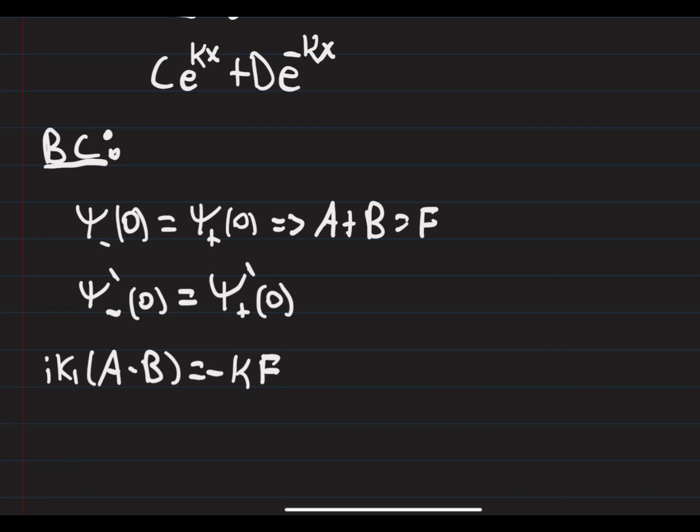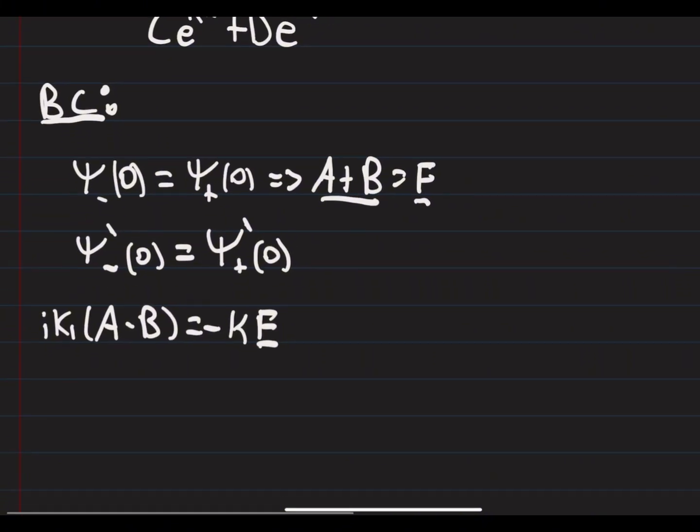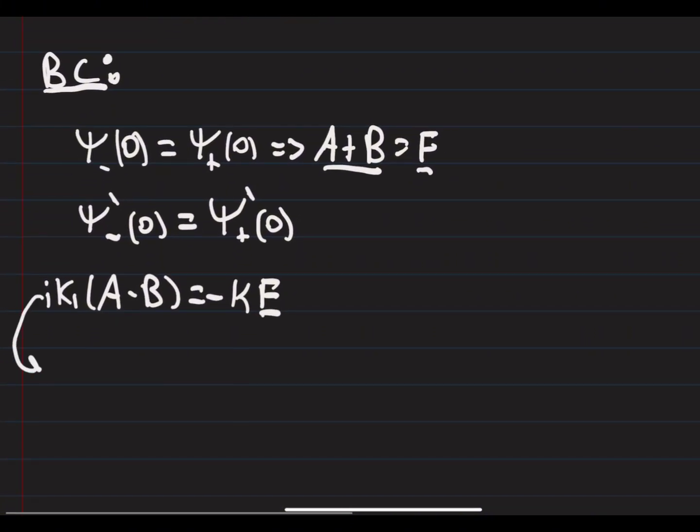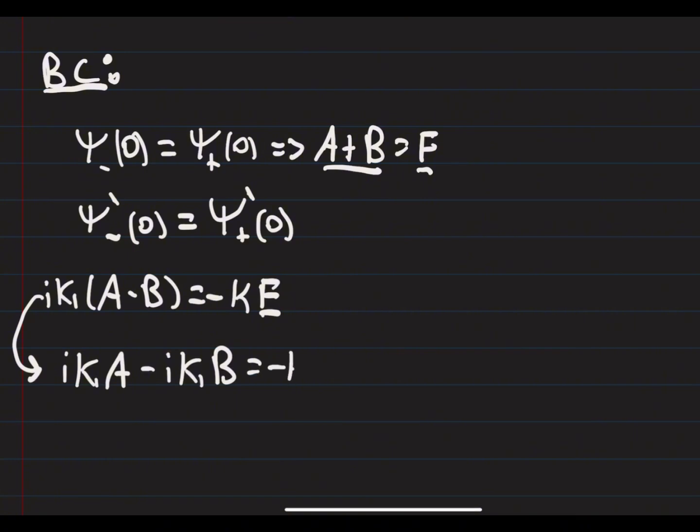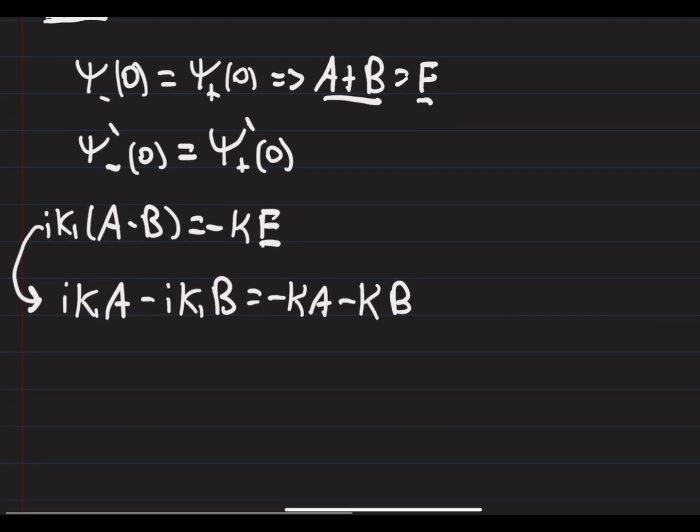So you can do a bunch of different things here. One thing you could say is, well, f is a plus b, so I'll just replace that with a plus b. So then if we do that, you get ik1a minus ik1b equals minus kappa a minus kappa b. From there, we can work towards isolating a and b.